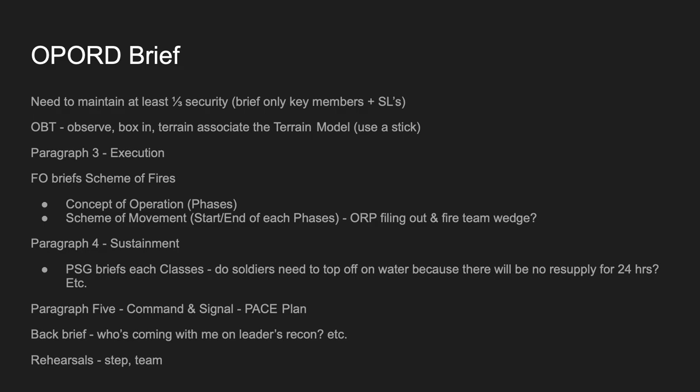In the scheme of movement and maneuver, make sure to use the OBT method: observe, box in, and terrain associate the terrain model, and make sure you use a stick. It really helps everybody out and it's brownie points. First you observe the terrain model.